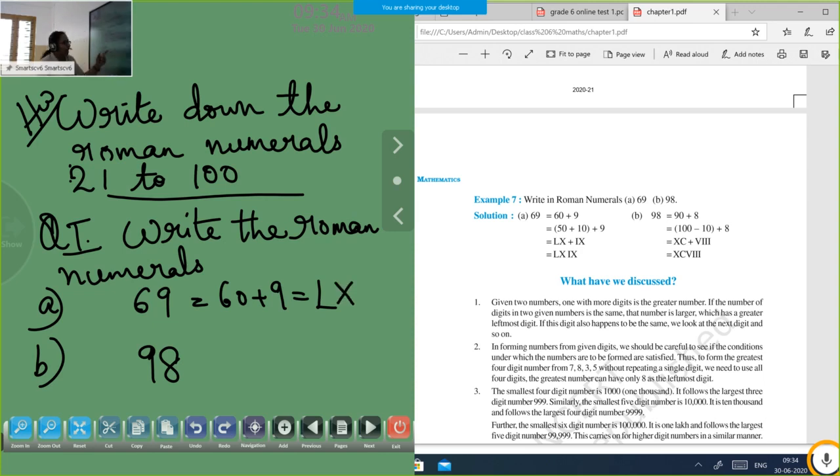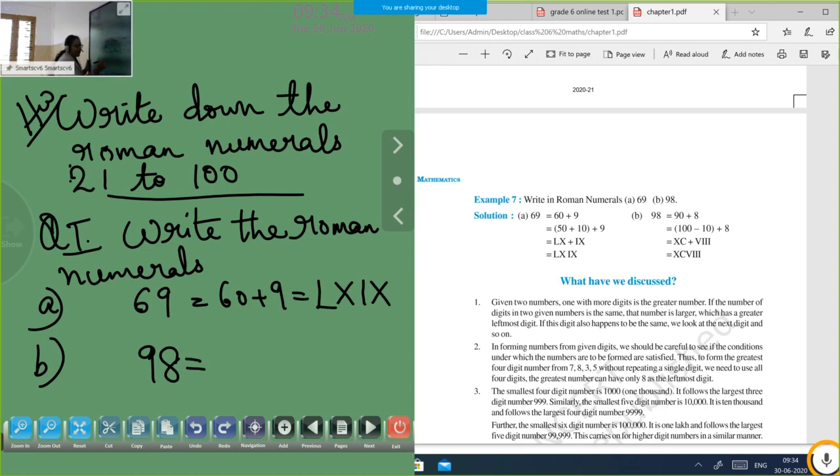L is 50. And if you put X to the right side, that shows addition. So LX means 60, plus 9. So we can write 9 like this. We can make it in simple form, we can expand the number and write.